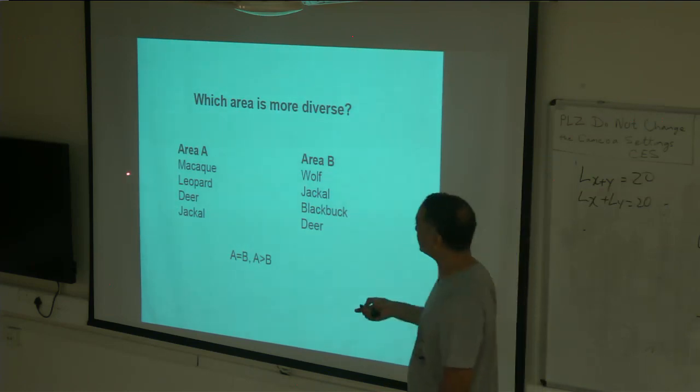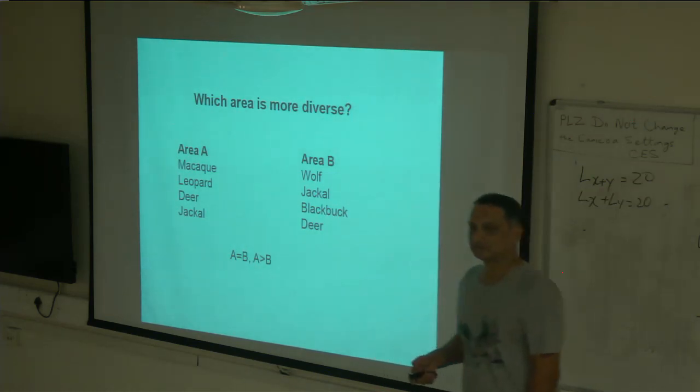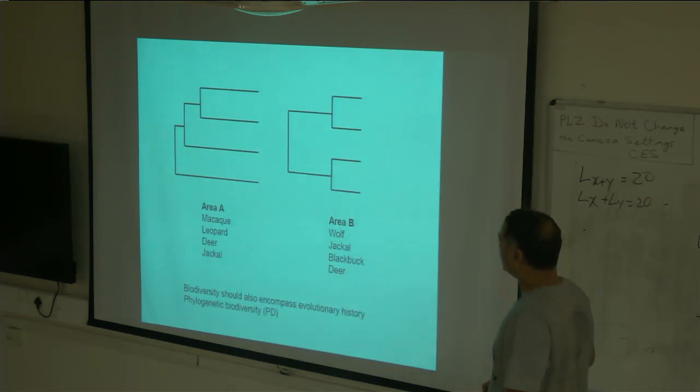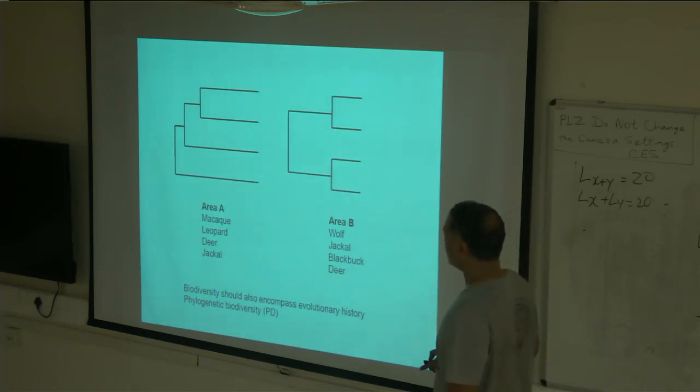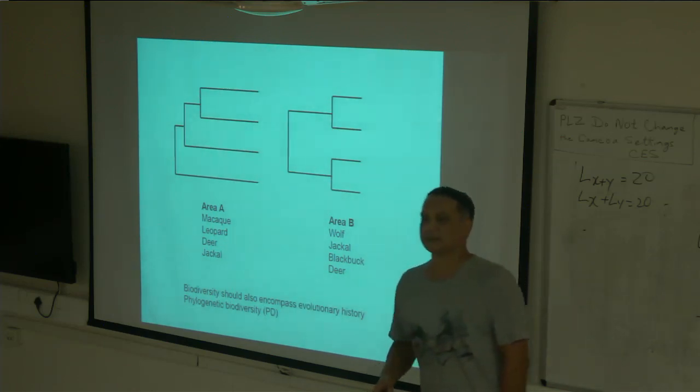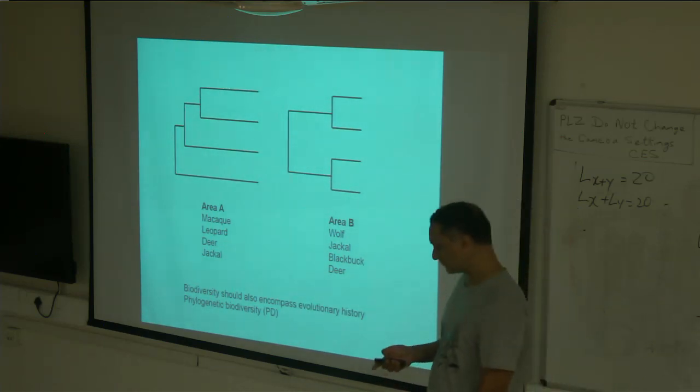So in fact there's a lot more diversity here. So when we build a phylogenetic tree, there's more deep divergence here. So basically biodiversity should also encompass evolutionary history. Right, and that's called phylogenetic diversity.